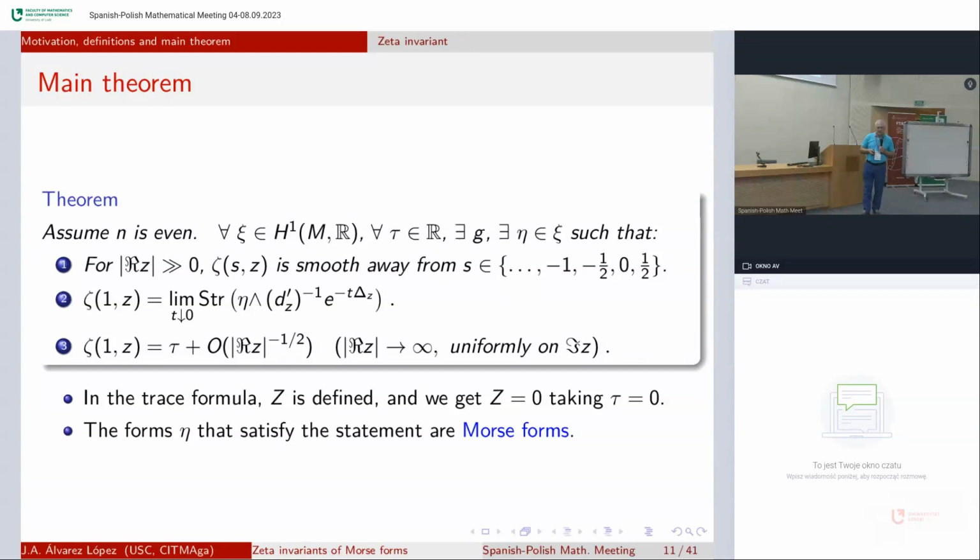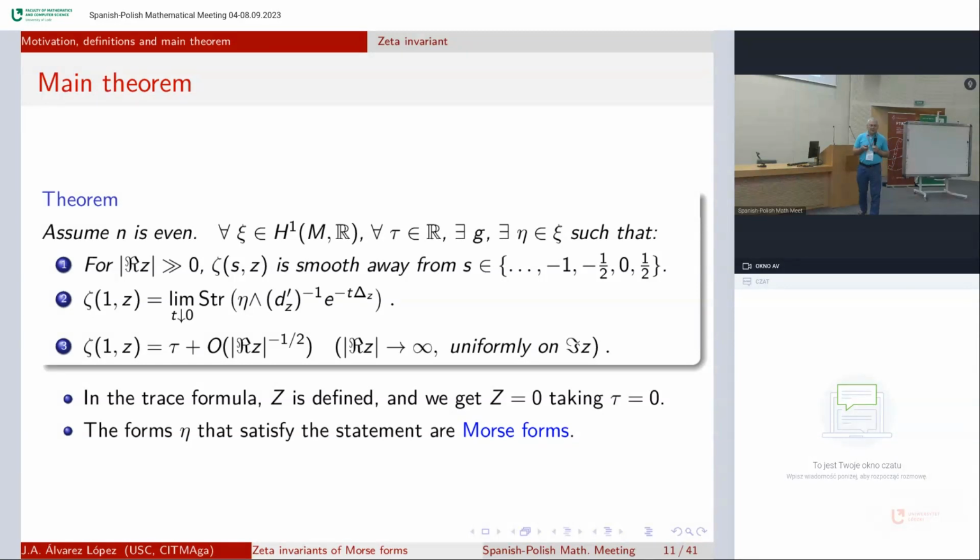And moreover, it is given as a limit of the supertrace of this operator, where we have added to the expression the heat operator defined by the twisted Laplacian. And this heat operator, as t goes to 0, in this limit, goes weakly to the identity, so it is a kind of renormalized version of the above expression, which was not defined.